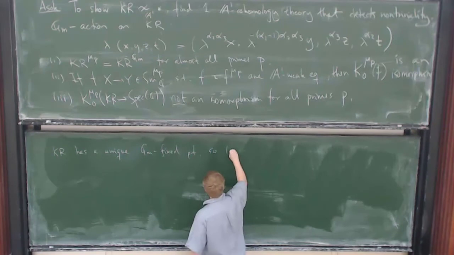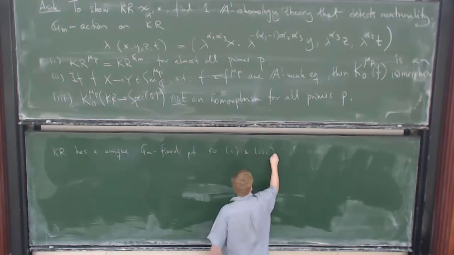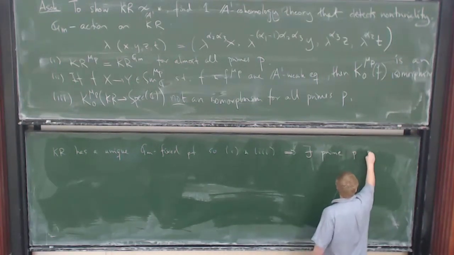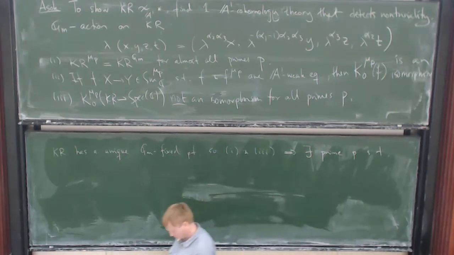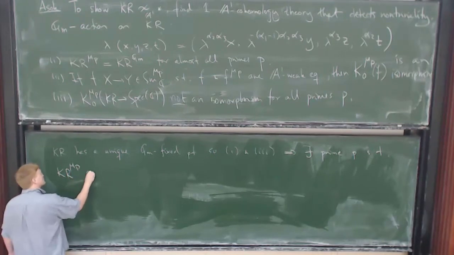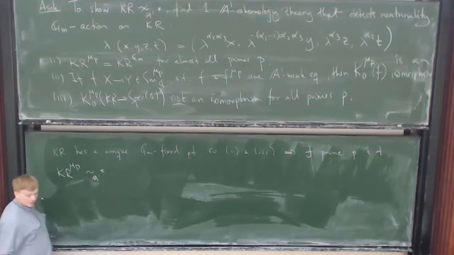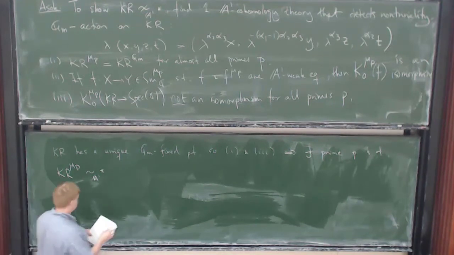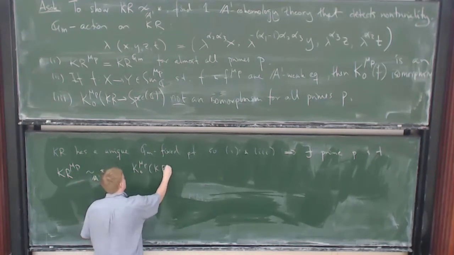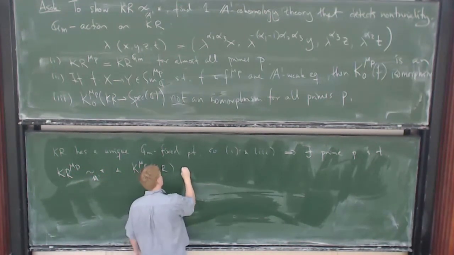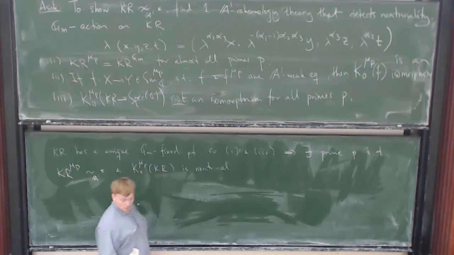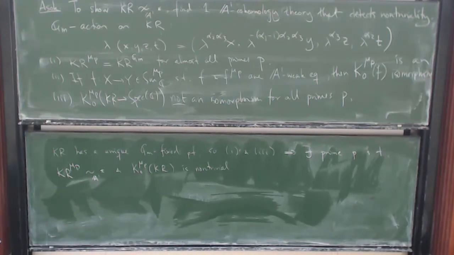So if you look at 1, 2 and 3 combined, they imply that there exists a prime p such that the mu p fixed points of Kr are A1 contractible because it's just a point. And moreover, the mu p K naught of Kr is non-trivial, in the sense that it's not the mu p K naught of the complex numbers.